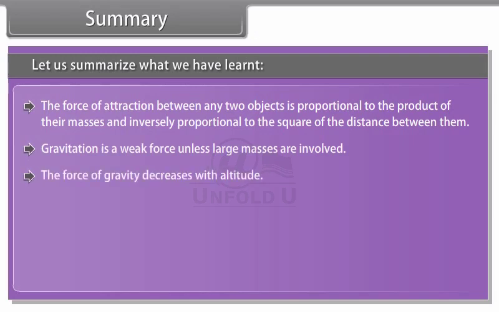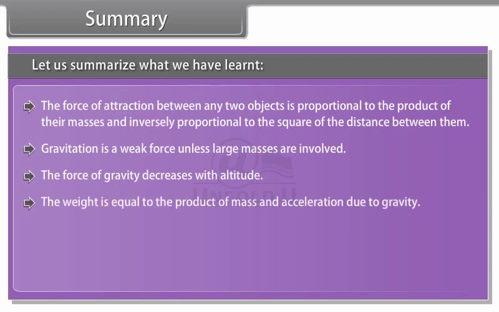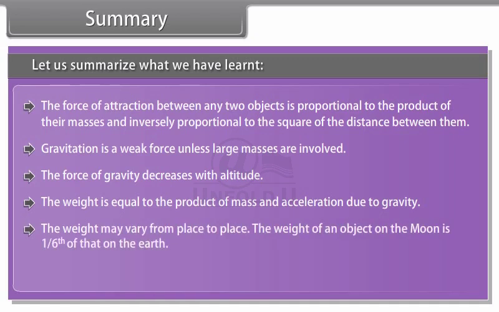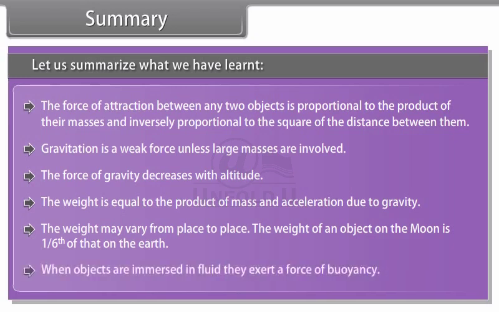The force of gravity decreases with altitude. The weight is equal to the product of mass and acceleration due to gravity. The weight may vary from place to place. The weight of an object on the Moon is 1/6 of that on the Earth. When objects are immersed in fluid, they exert a force of buoyancy.